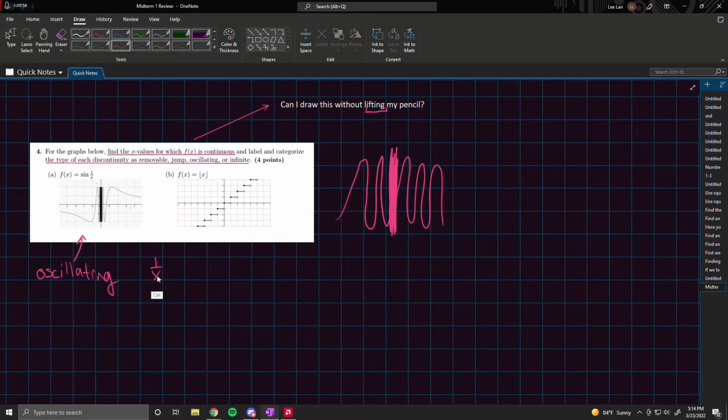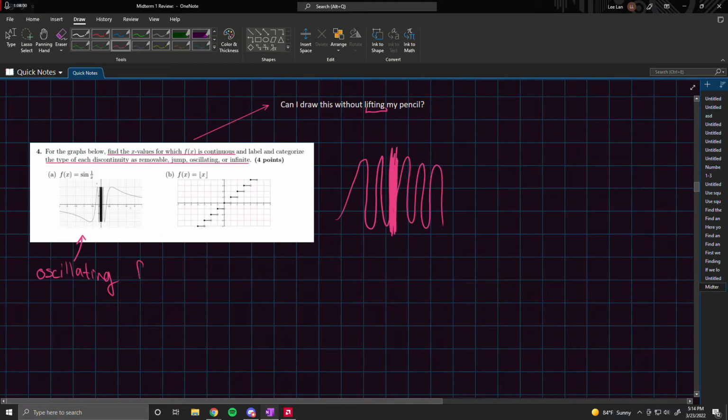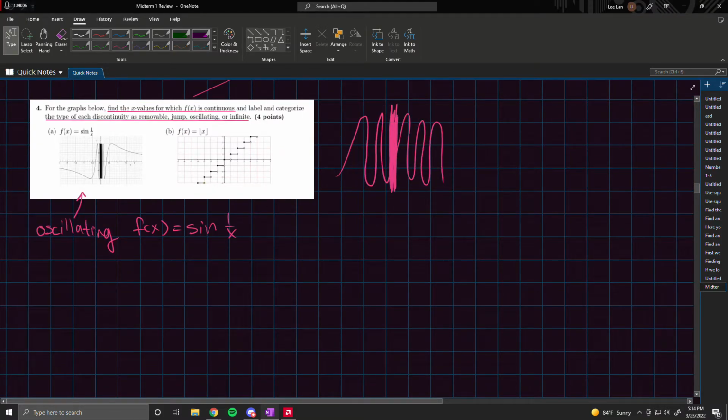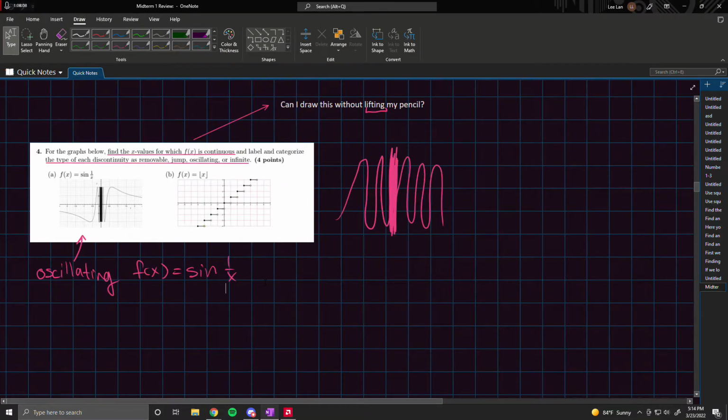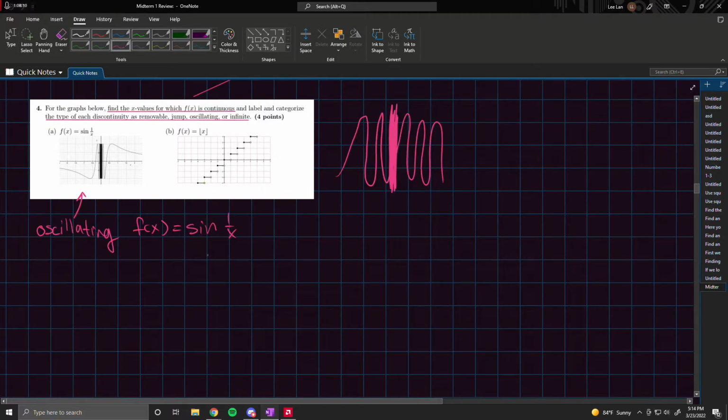All right, so let's look at the function y equals sine of 1 over x. What I like to do when you have two functions composed of each other is this: you have sine of x, which is the outer function, and 1 over x, which is the inner function.